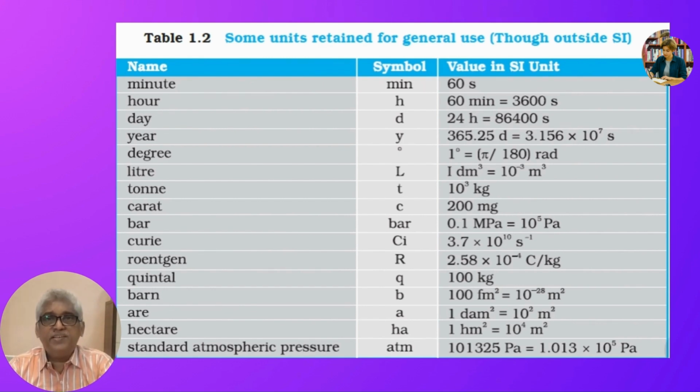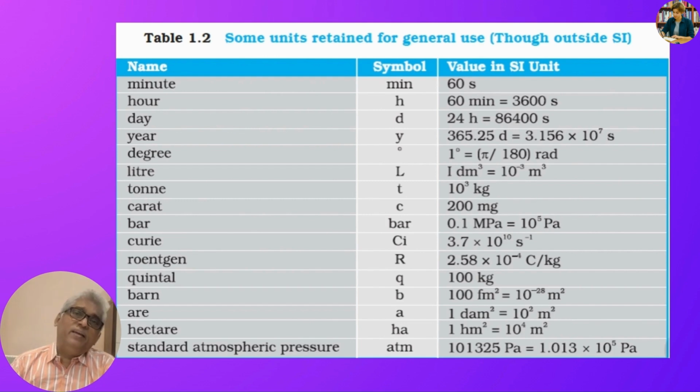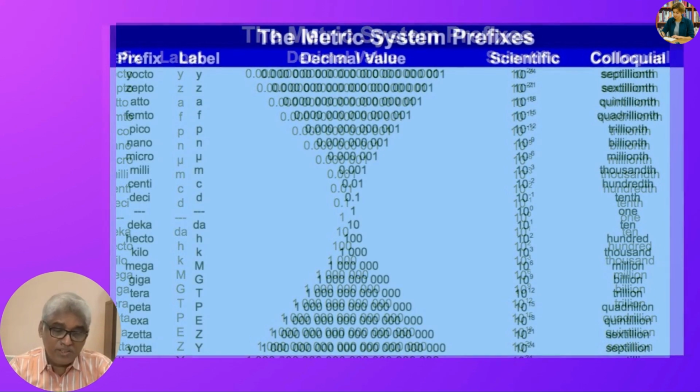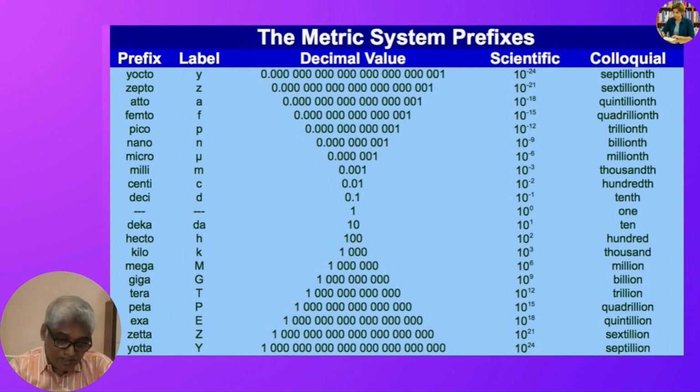Those who have studied the SI system or various systems can understand how to convert it. But for the common man, it is very difficult. Therefore, these units are still in use, and without any harm, we can use them. We should know the conversion factor properly. For example, 1 meter is equal to 100 centimeter, or 1 kilogram is equal to 1000 gram, etc.